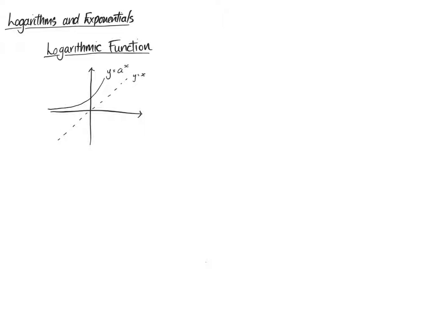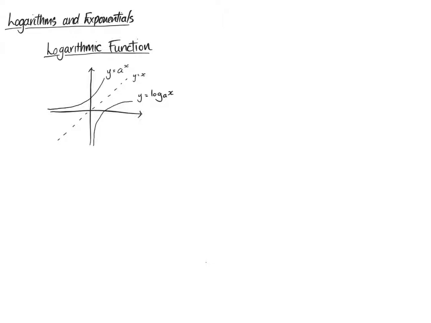But if we reflect that y equals a to the x graph, so we've got the same shape, what happens is we get y equals log to the base a of x. So these two graphs are the inverses of each other. Don't worry too much about the inverse part now, but these graphs are related, and we can shift between one and the other.